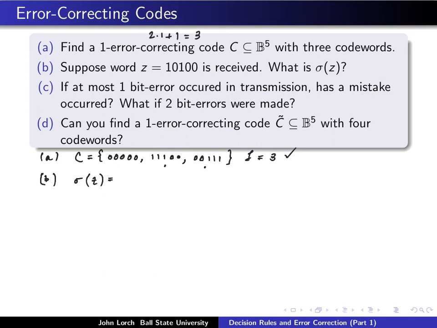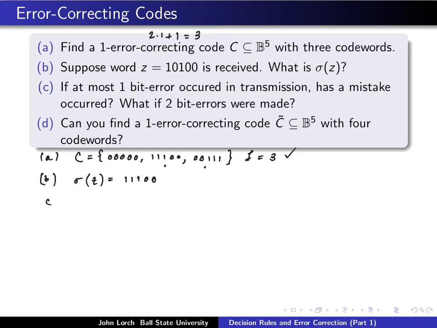Well, it turns out that the closest code word is 11100. Remember, z is of distance 1 from this code word, and z is further away from the other 2 code words.